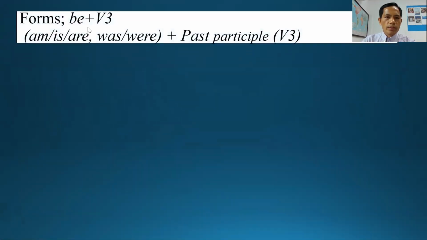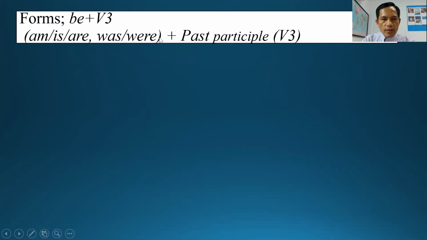So the verb forms, when we make passive form, simply you can say, in an easy way, be plus verb 3. But what is be? The present be is am, is, are, the past is was, were, and then the verb 3 form is been, and the verb ing form is being.